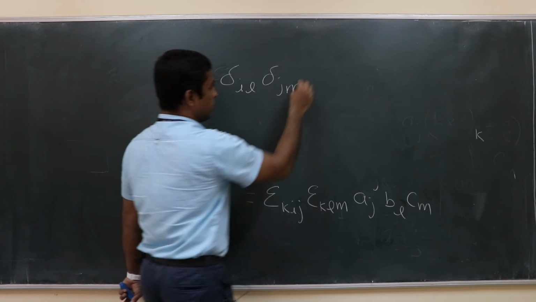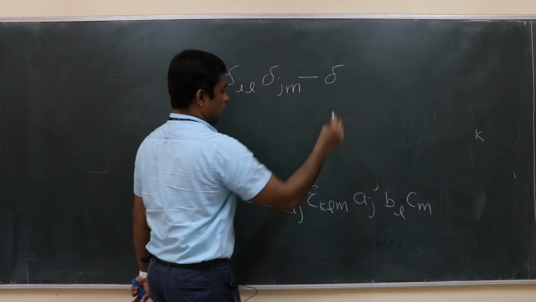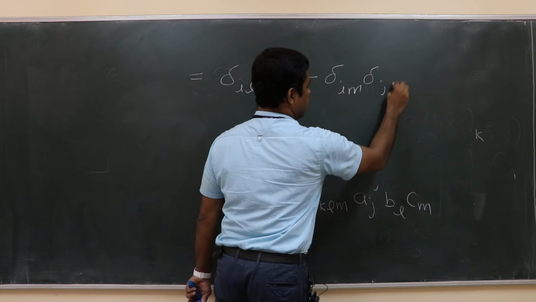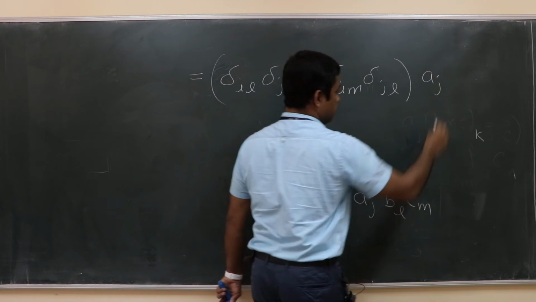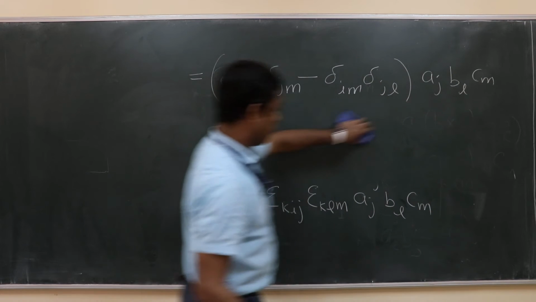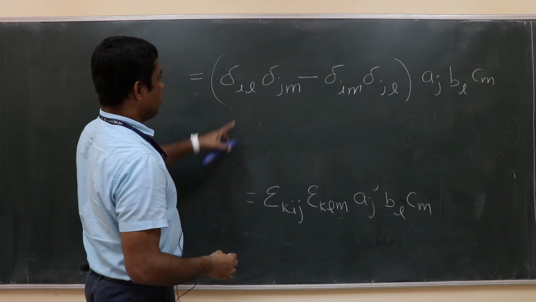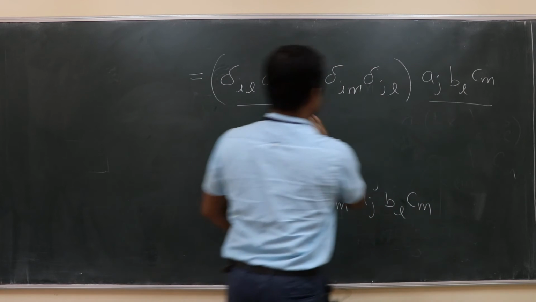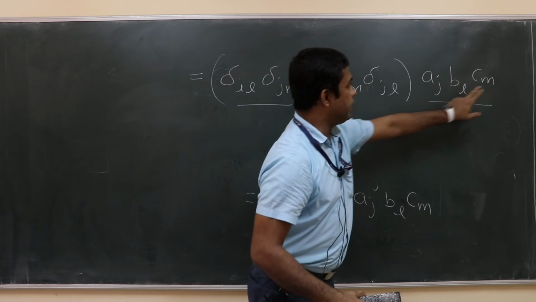I am going very slowly because I want all of you to pick this up. Okay, now look at these two terms, delta IL delta JM Aj Bl Cm.